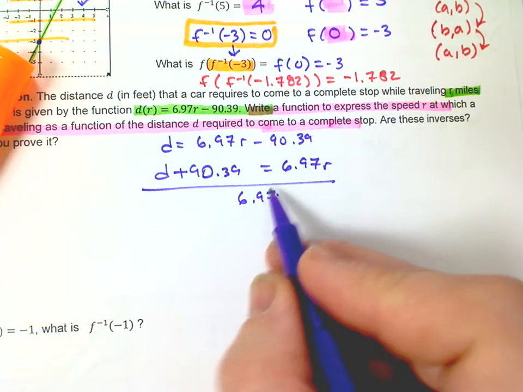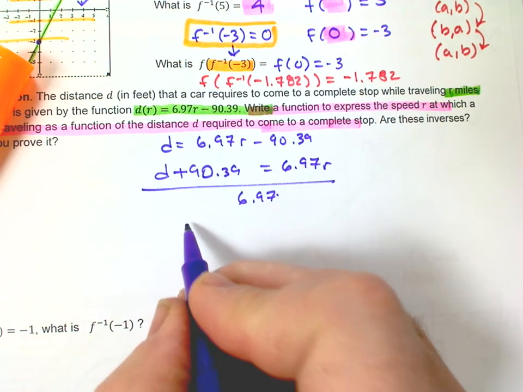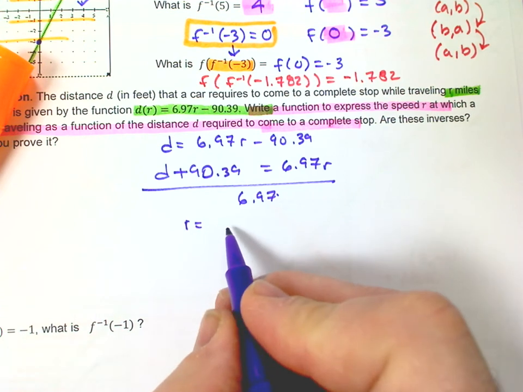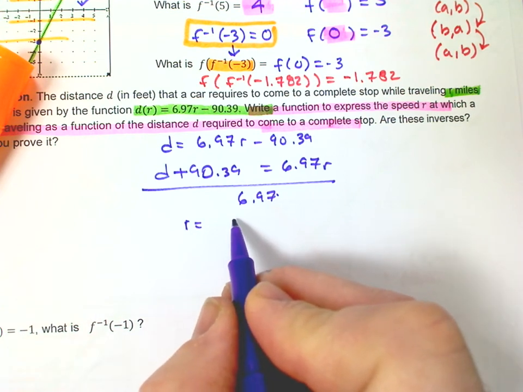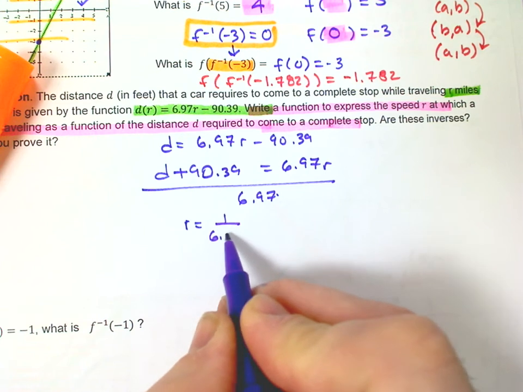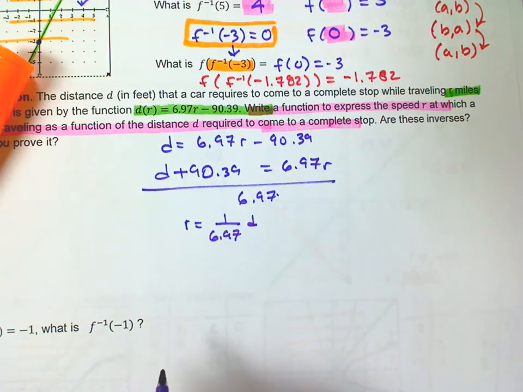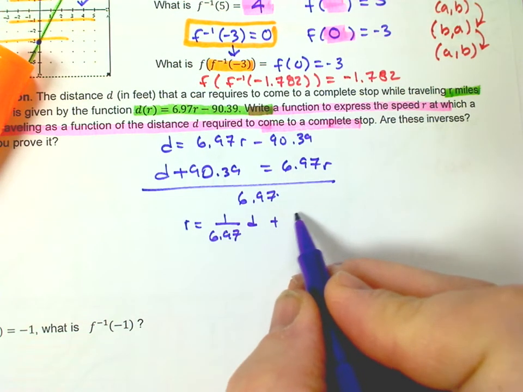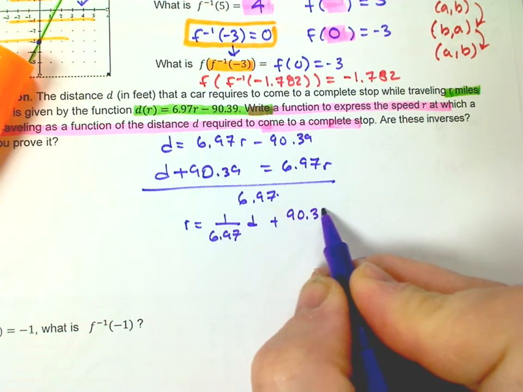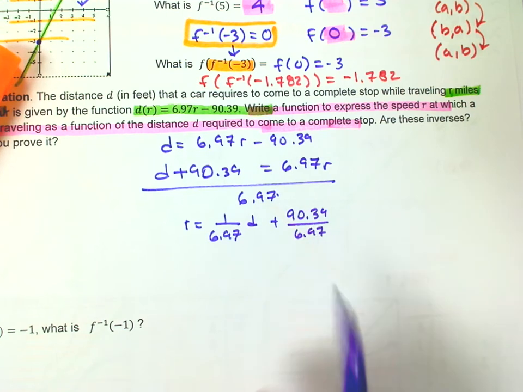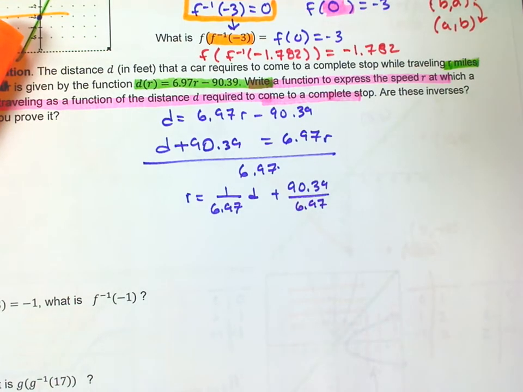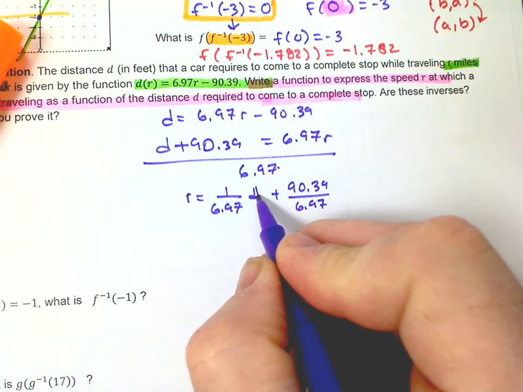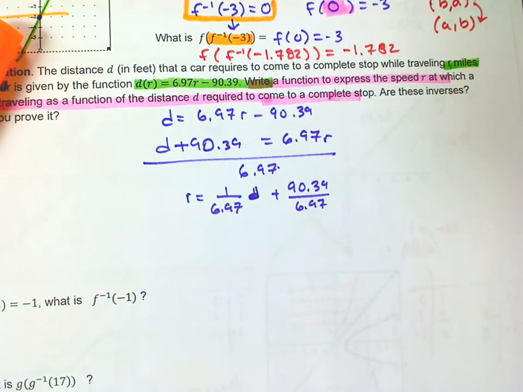That'll leave us with, and again, I'm using my symmetric property to pull this around, r equals 1 over 6.97 times d, and then plus, I don't have my calculator, whatever this is. And there you have it.